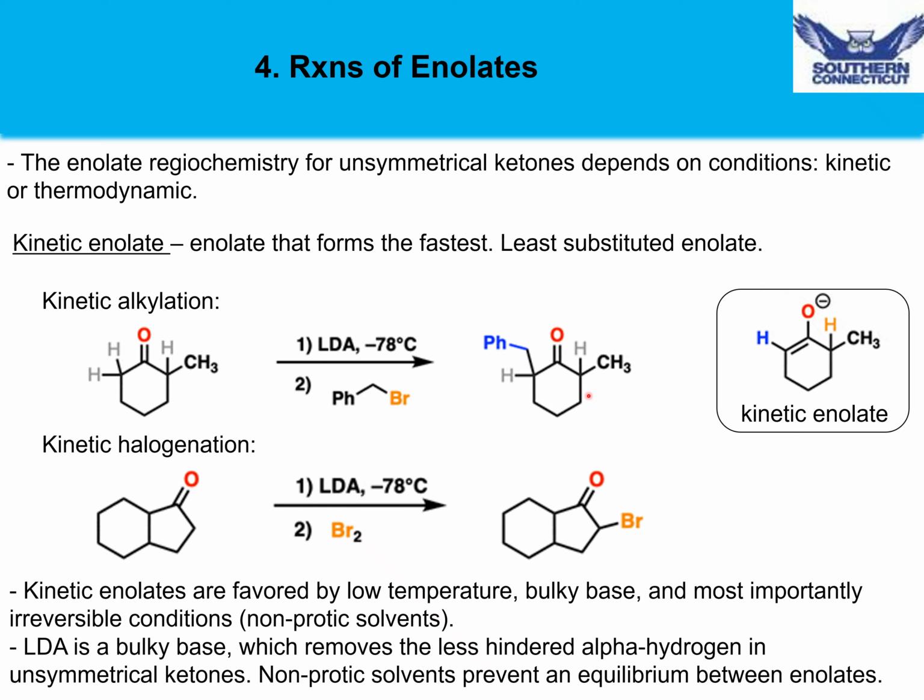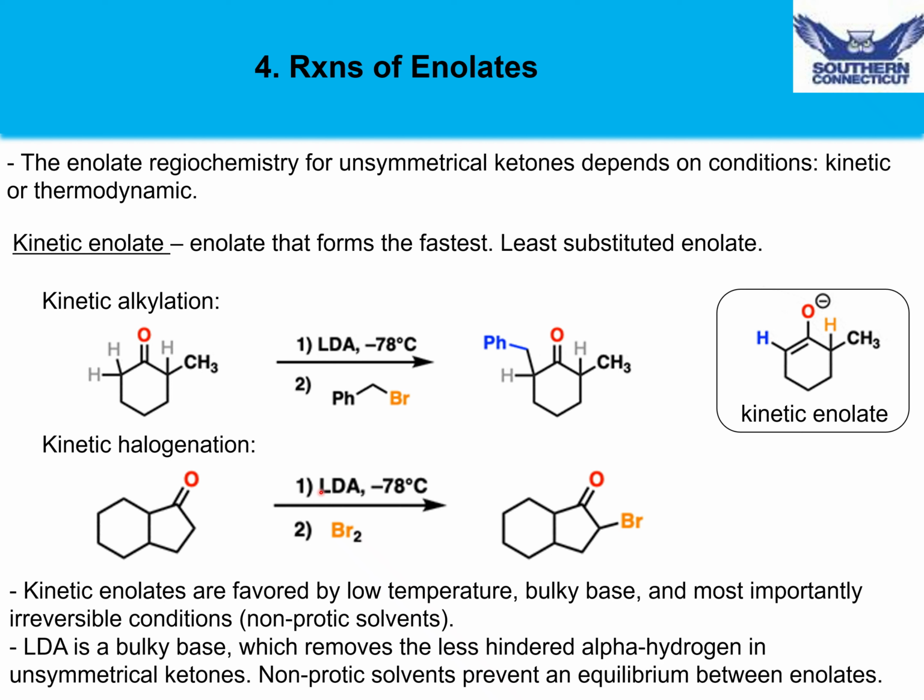Okay, so when we hear the term kinetic product or kinetic intermediate, that refers to the fact that that intermediate or product is the one that forms the fastest. Note that we can do an alpha halogenation with LDA as a base.